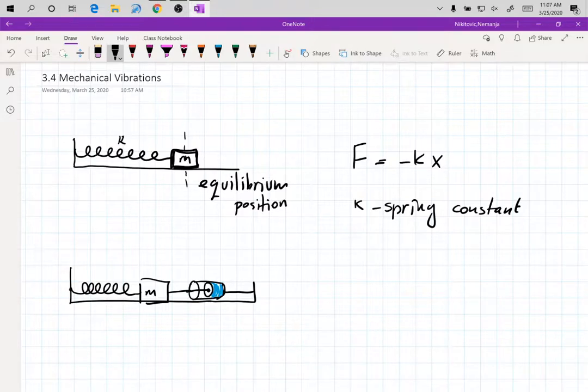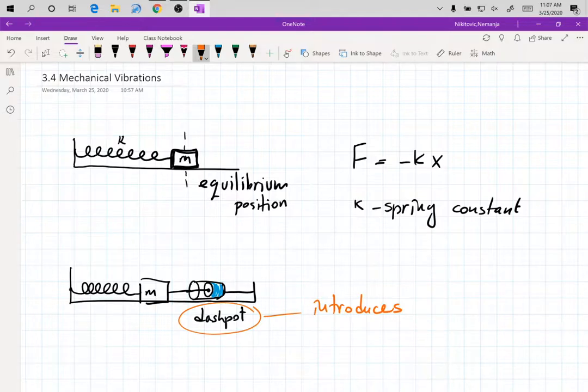So in this case, if we introduce what is called the dashpot, the dashpot here introduces the damping constant c.